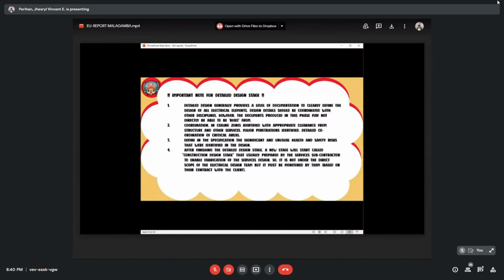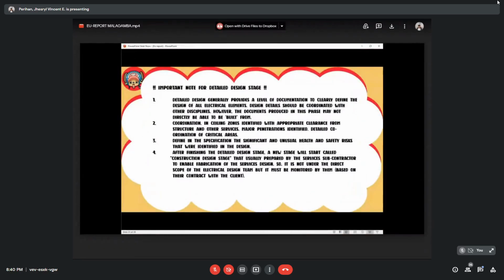And lastly, take note, after finishing the detailed design stage, a new stage will start called construction design stage that is usually prepared by services subcontractor to enable fabrication of the services design. But it is not under the direct scope of the electrical design team, but it must be monitored by them based on their contract, base pod sa ilang contract sa ilang client.